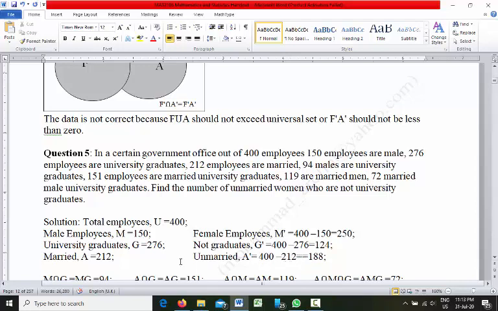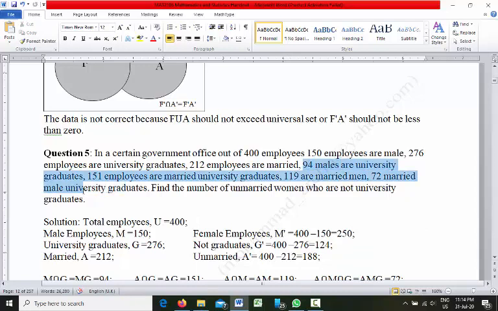If we denote married as A, then unmarried will be A prime, which is the remaining employees. So 400 minus 212 is 188 employees who are unmarried.